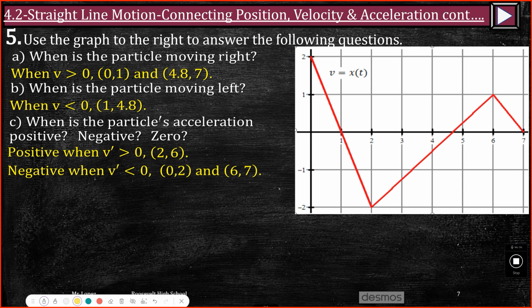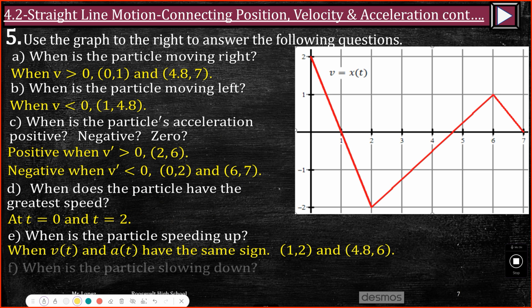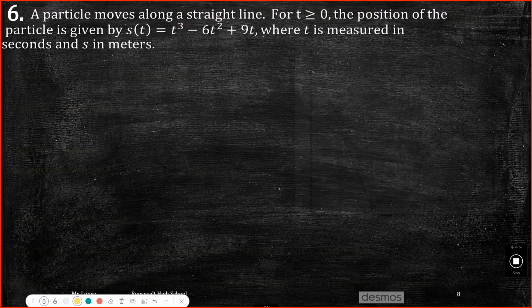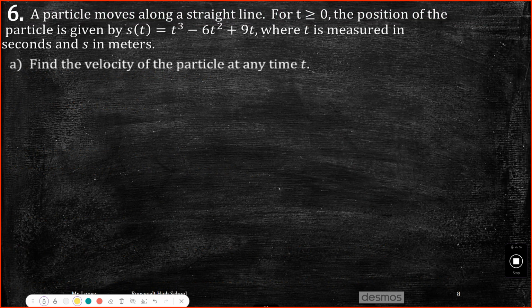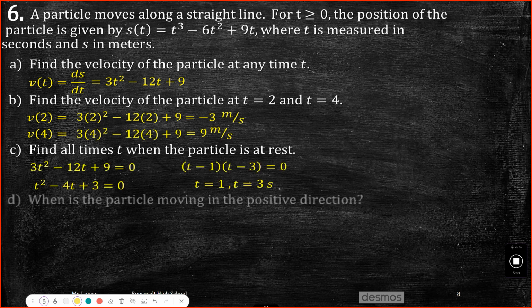Oh, it's talking about acceleration, not velocity. Okay. It would be actually what I just said. It would be at the extremes. Find the velocity. Time equal 1 second. Time equal 3 seconds.